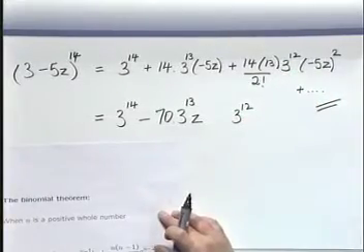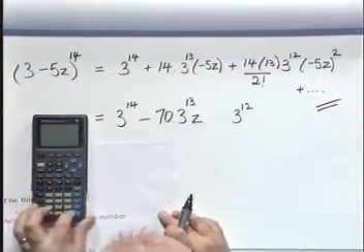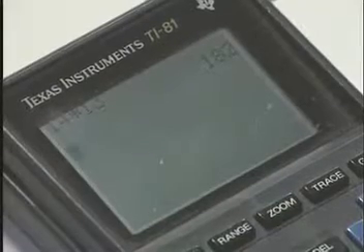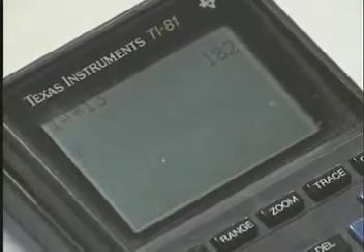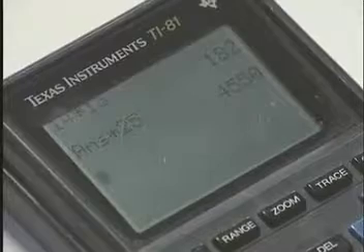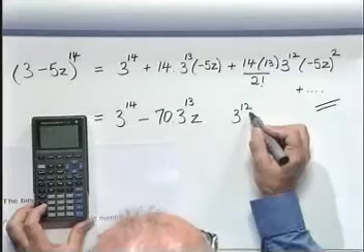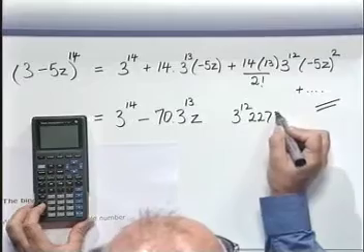And I'm reaching for my calculator again because this is a bit more complicated. We have got a 14 multiplied by a 13. We're multiplied by 5 squared, which is 25, and divided by the 2 factorial, that's divided by 2. This will be multiplied by 2275.